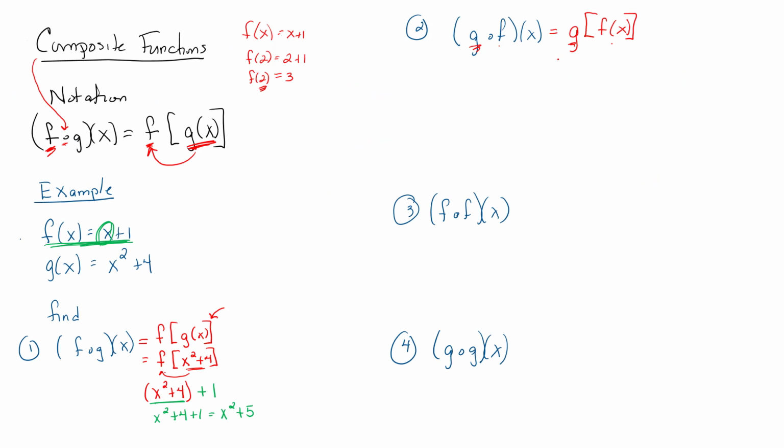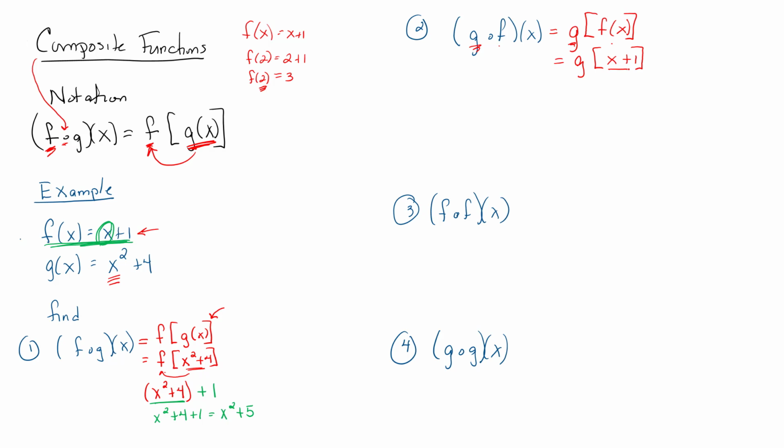So, again, parentheses first, G of F of X is G of X plus 1. My G function says first write X squared.